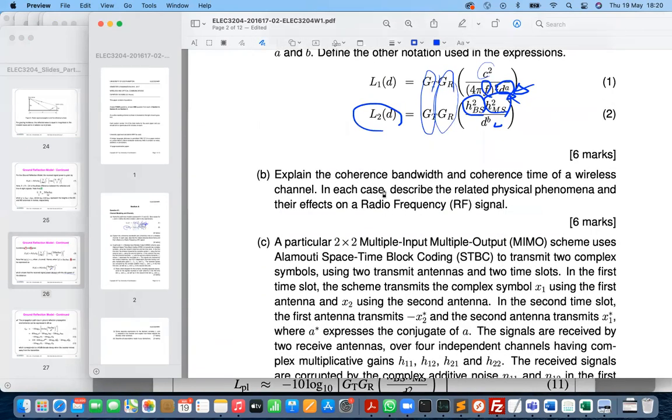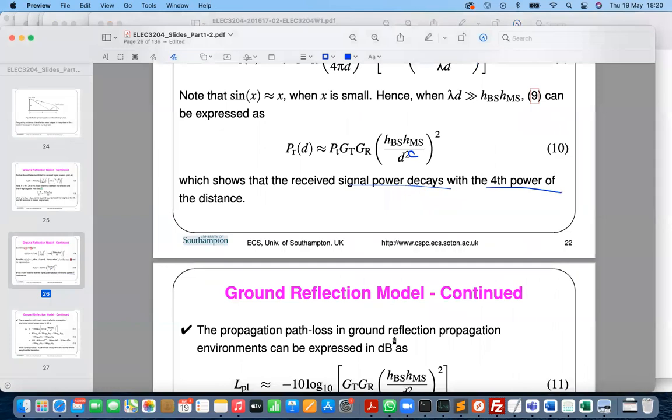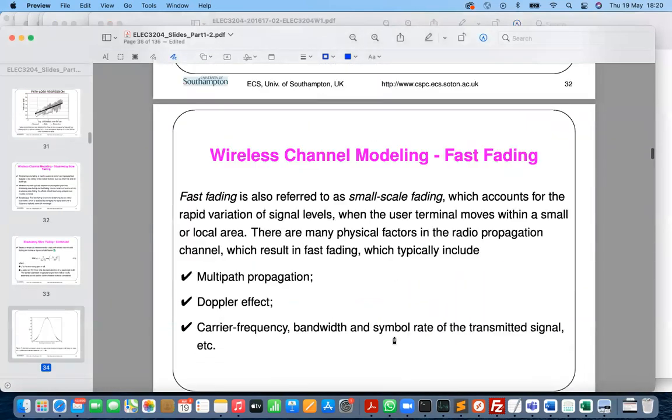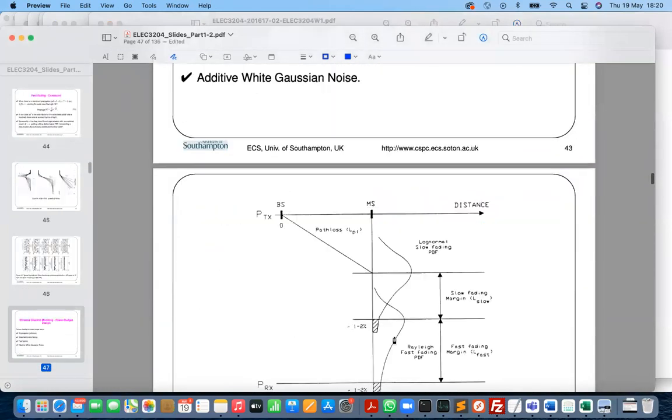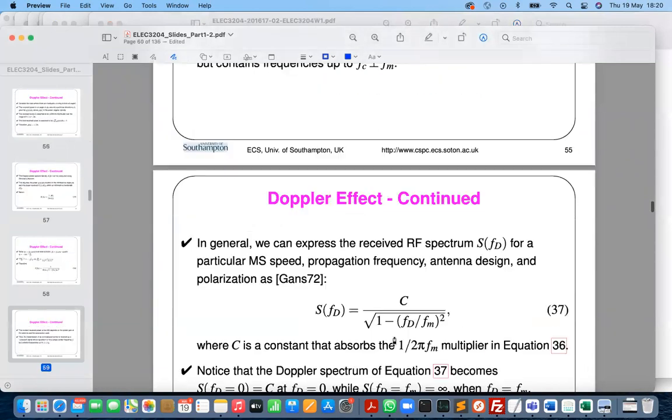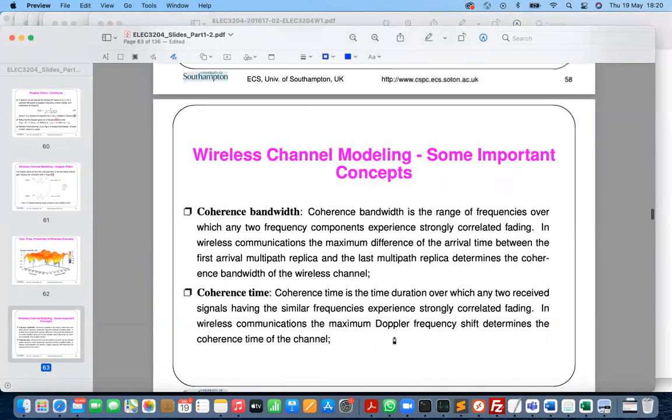Secondly, explain the coherent bandwidth and coherent time of various channels. In each case, describe the related physical phenomena and their effects on the RF signal. So this should be on page 59, I think. Yes, this is on page 59.